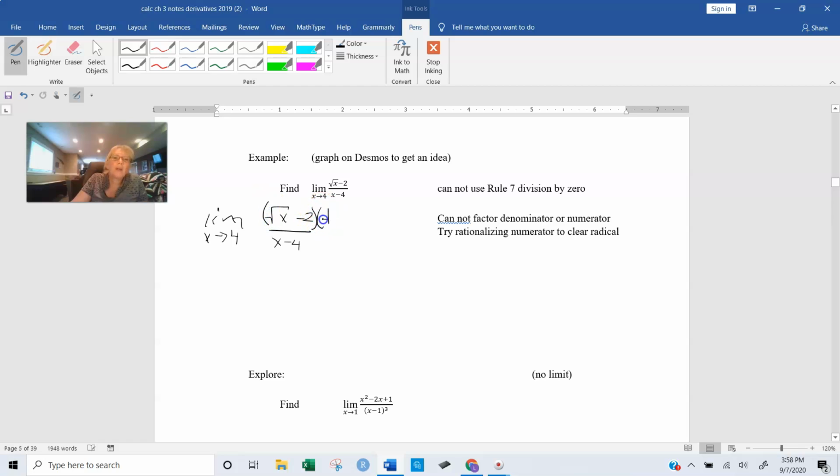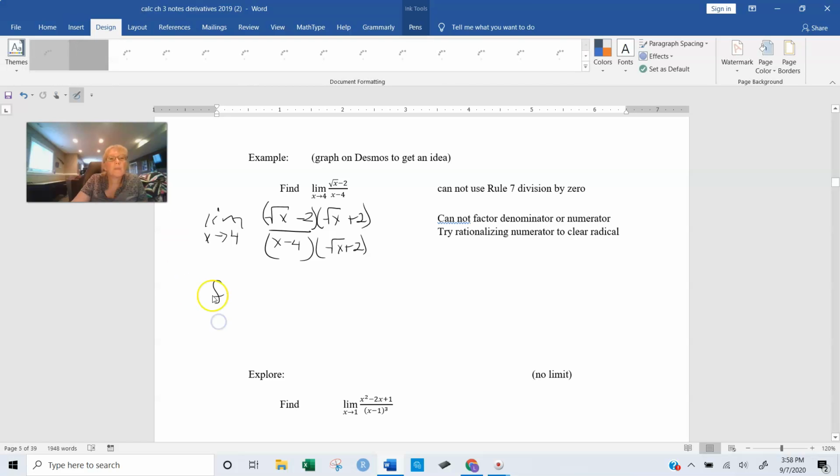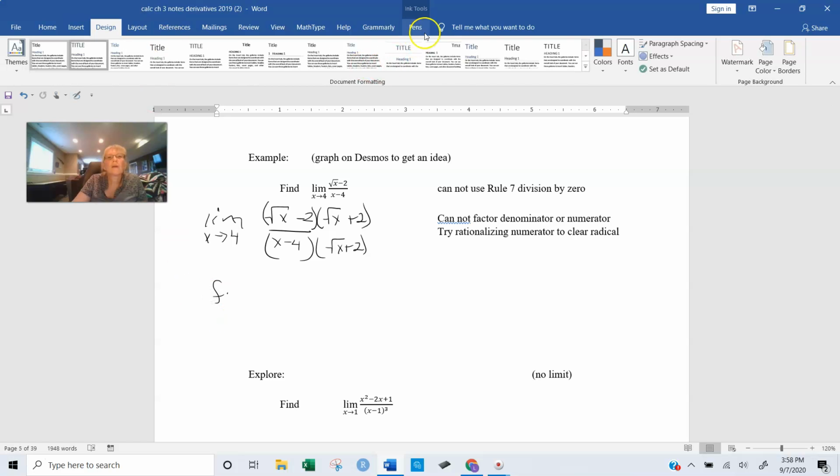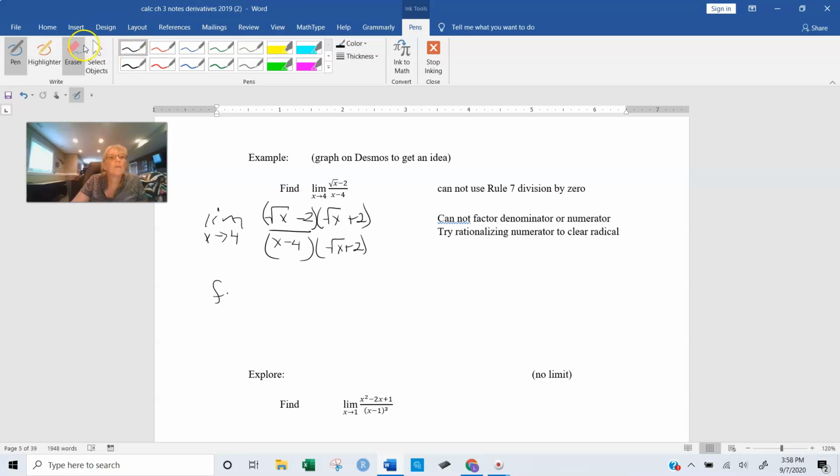So I'm going to do that by using a conjugate. But remember, whatever I do to the numerator, I have to do to the denominator. Well, if I do that, whoops, I was supposed to say limit. Here we go. All right, so now we've got the limit as x approaches 4.